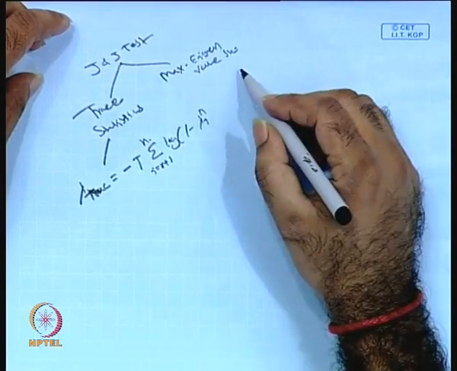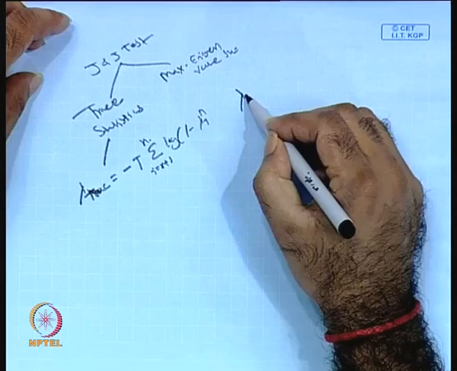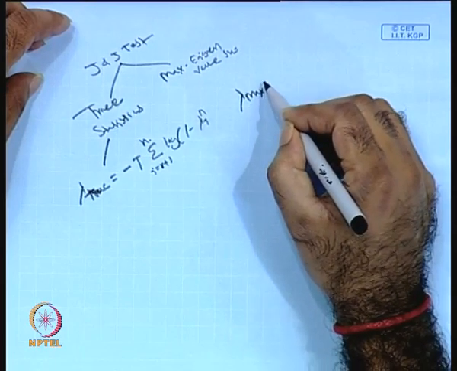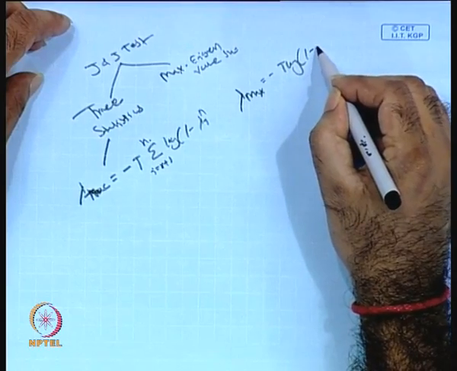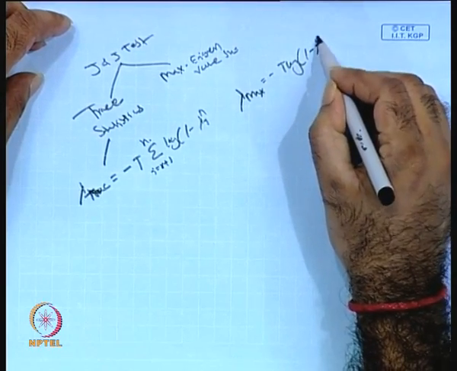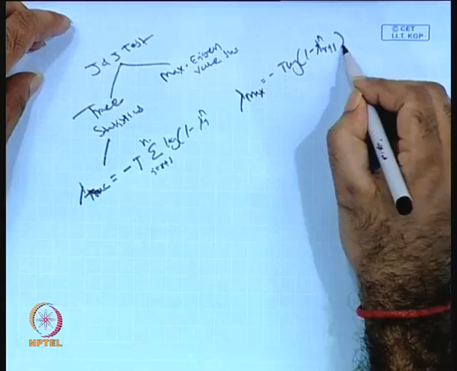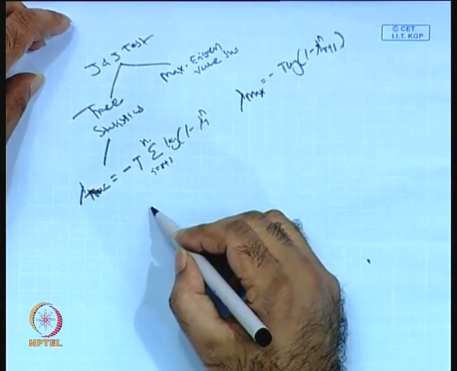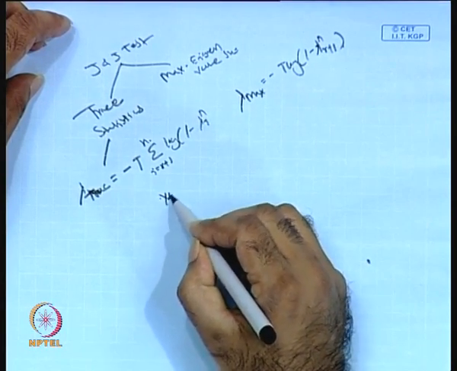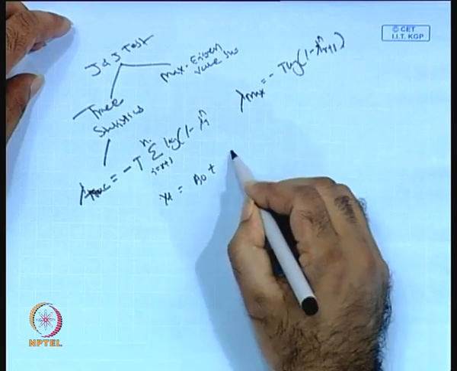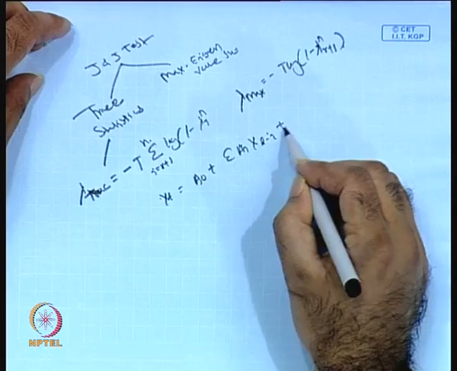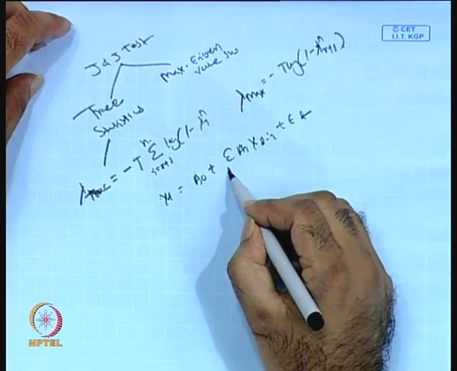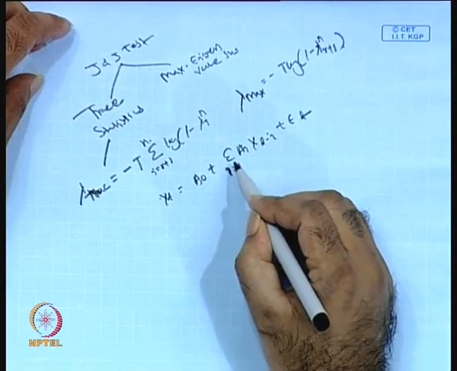Similarly, the maximum eigenvalue statistic is lambda max equal to minus T log(1 minus lambda hat r plus 1), which is followed by the equation x_t equal to a_0 plus summation a_i x_(t minus i) plus epsilon_t, i equal to 1 to n.